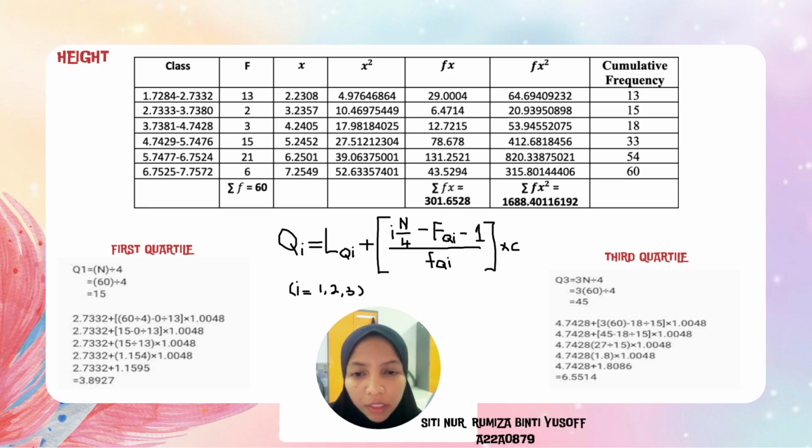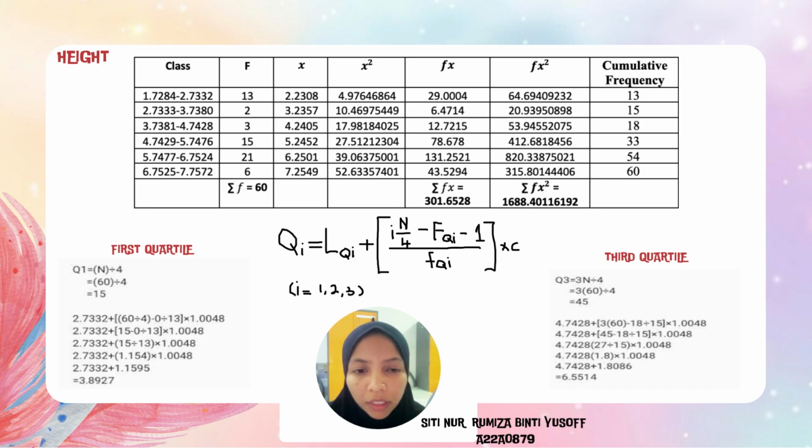First quartile: 2.73332 plus 5, plus 60 divided by 4 minus 0, divided by 13, multiplied by 1.0048. So we get the first quartile is 3.8927.